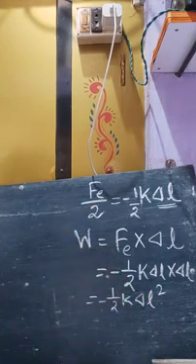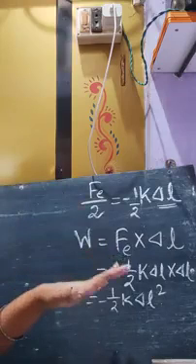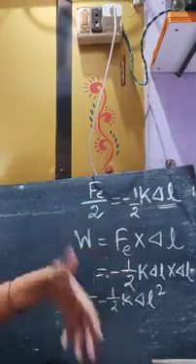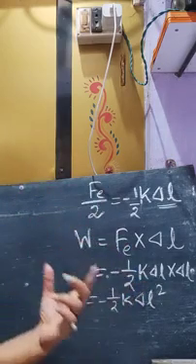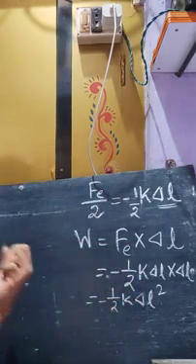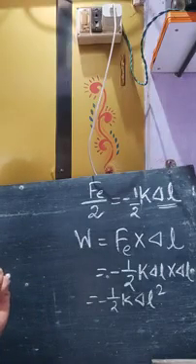Now as I am providing the force, that force is doing some work on that spring, so there is a work done. As the work done is there, what can we say? We can say that that work done is stored inside the spring as potential energy.